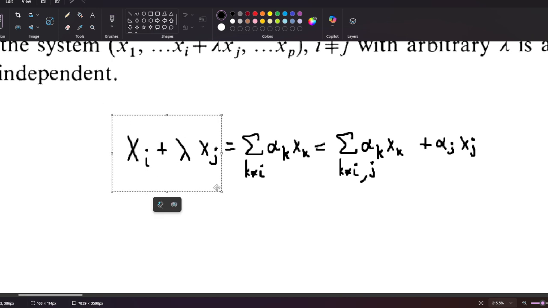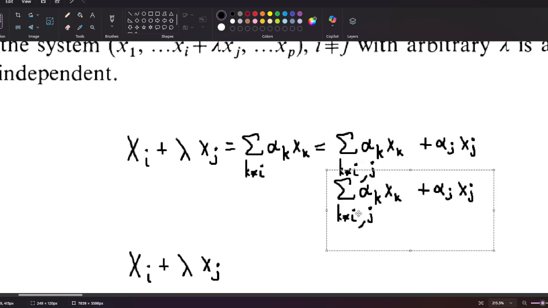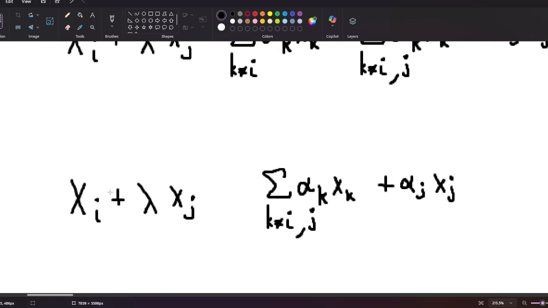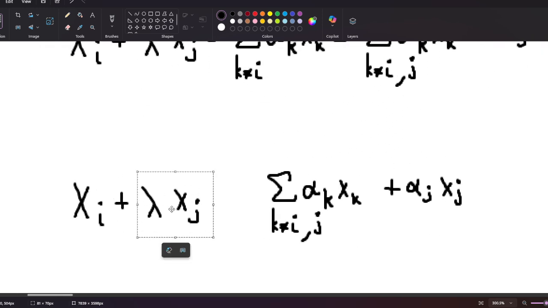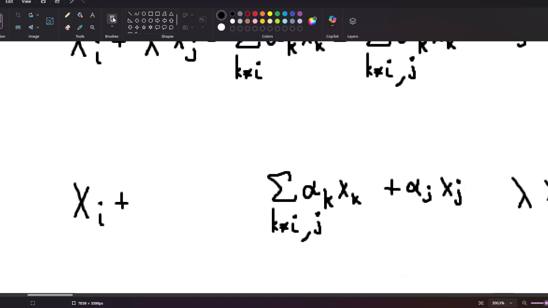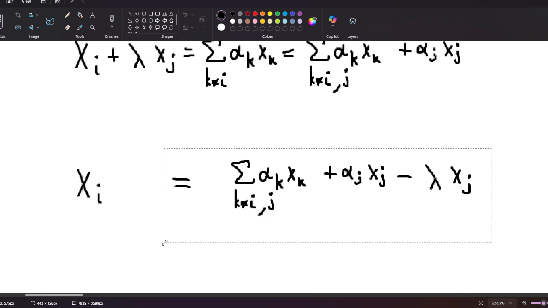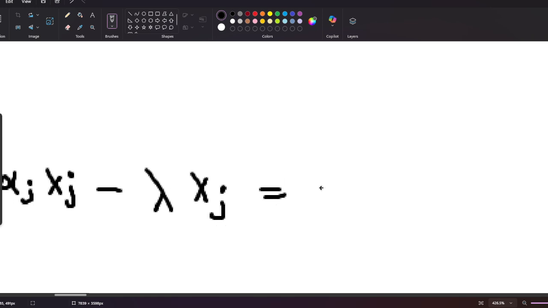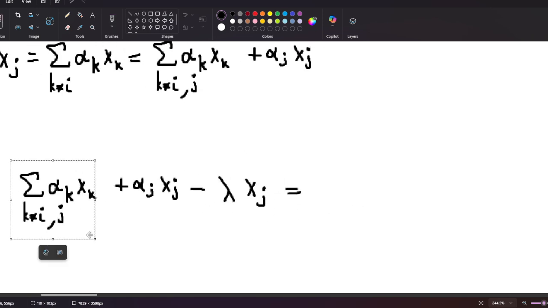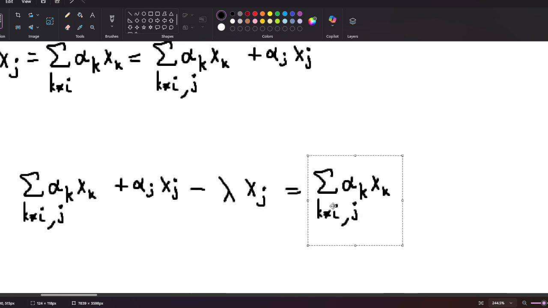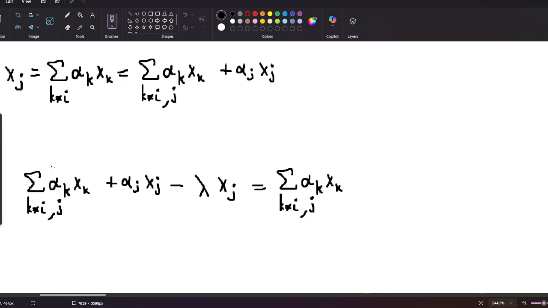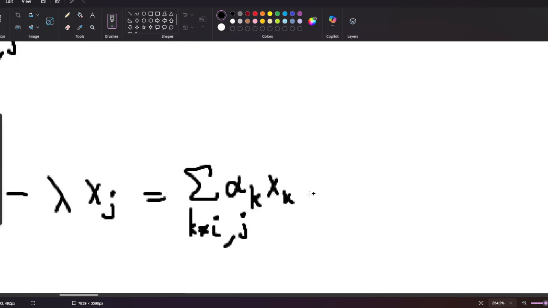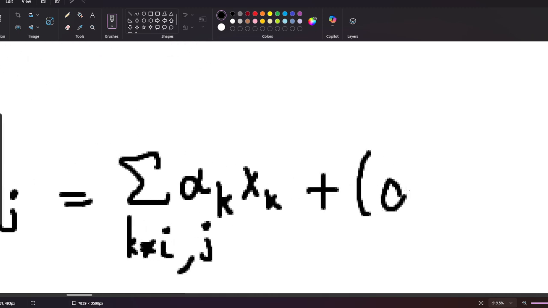So now let's take this in parts. Let's move this here. Now, the thing is, according to the distributive property, we can clump aj and negative lambda as a sum.